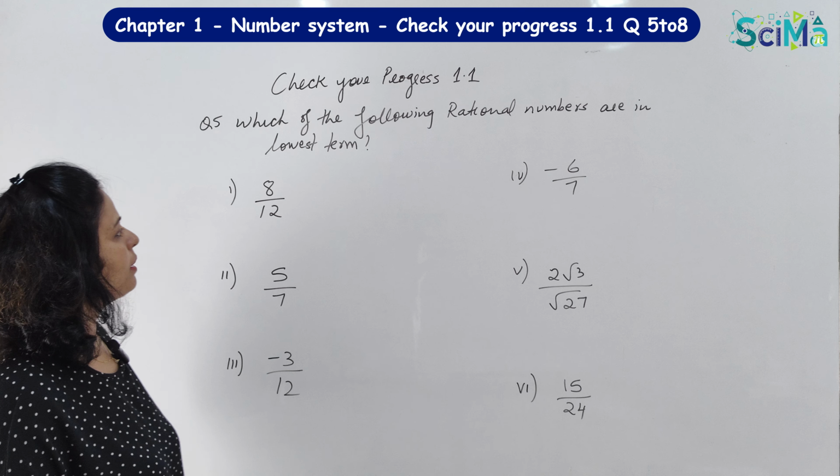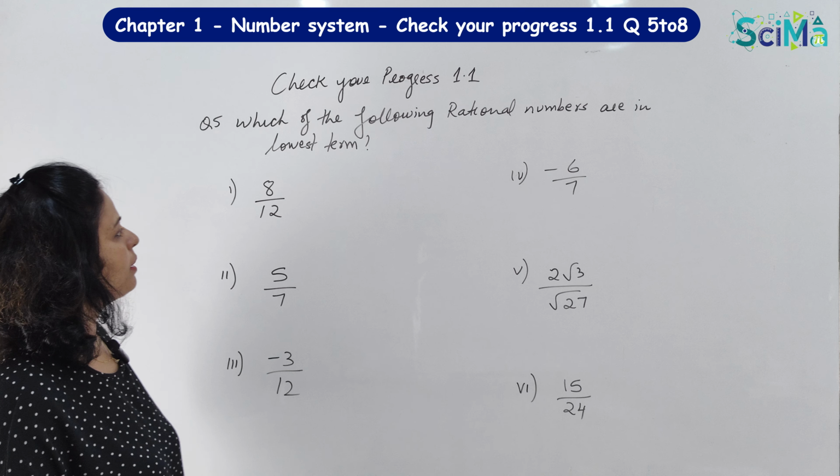Now the 9th question is compare the following rational numbers. First part, you have to change them into the equivalent form of the rational number and then compare. And the second part is using the number line. So first we will do by converting them into the equivalent form and then compare. So 2 by 3, 3 by 4, if I want to convert to equivalent form, 3 I'll multiply with 4, 4 here I'll multiply with 3.